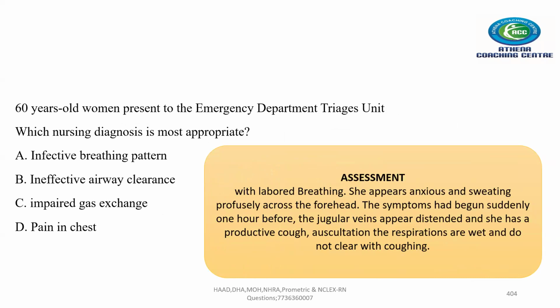Next, the question is: a 60-year-old woman presents to the emergency department in the triage unit. On assessment, the patient had labored breathing. She appears anxious, sweating profusely across the forehead, and the symptoms had begun suddenly 1 hour before, and her jugular vein appeared distended.